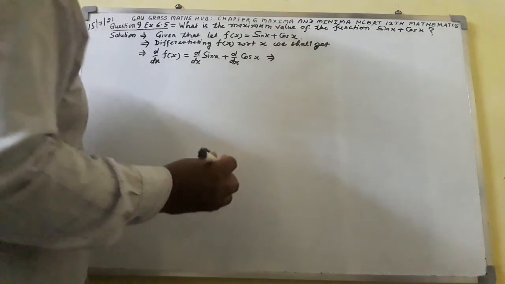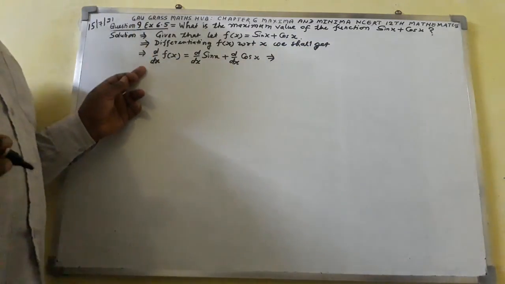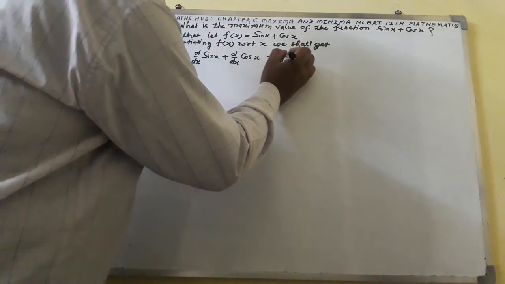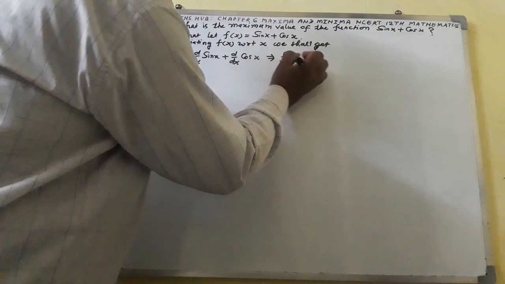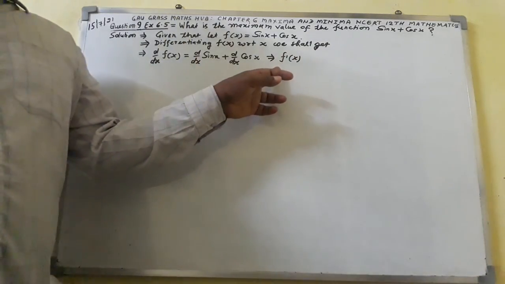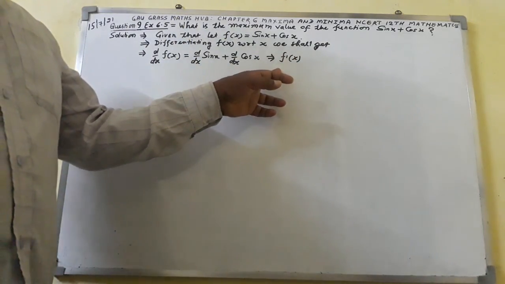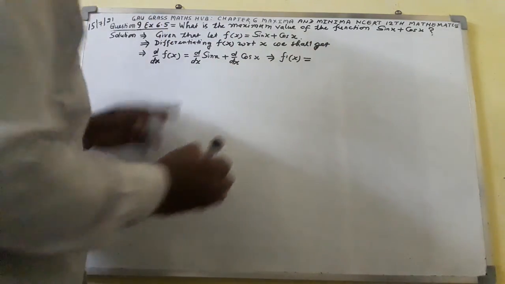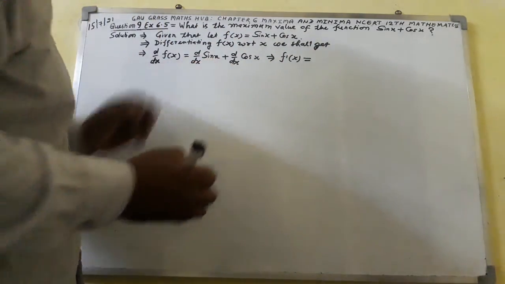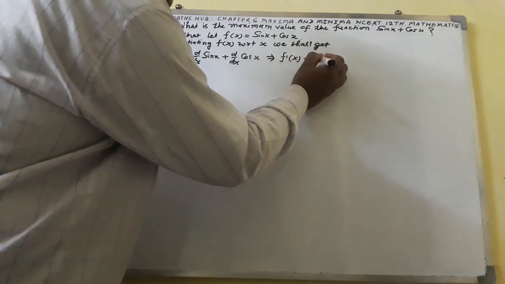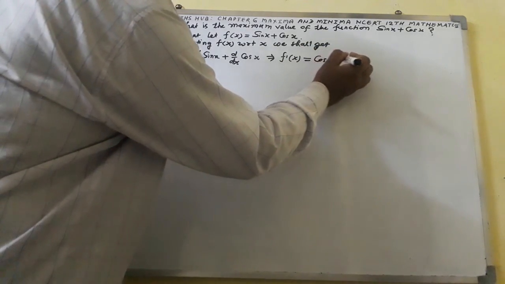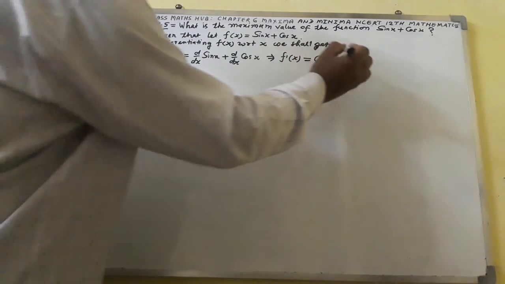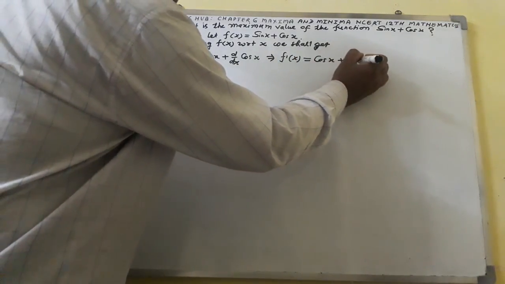Here d over dx of f of x comes out to be f dash of x, the first order derivative of f of x, equal to d over dx of sin x, which is cos x, plus d over dx of cos x, which is minus sin x.